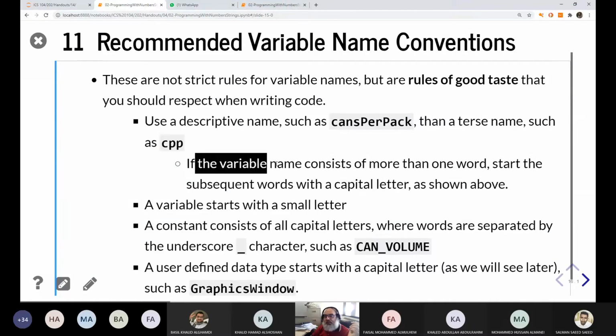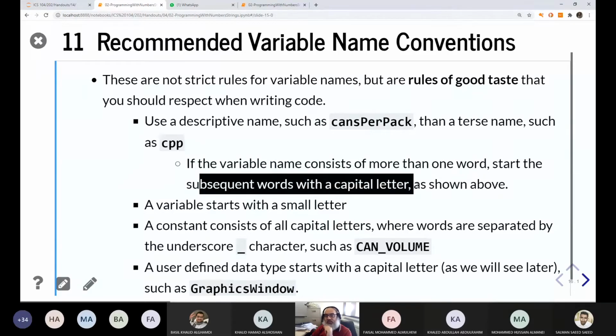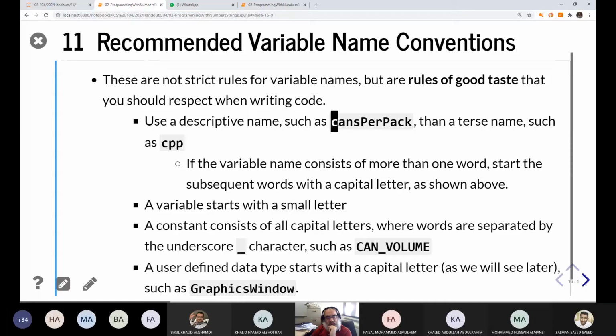If the variable name consists of more than one word, start the subsequent words with a capital letter. We started cans with a small letter because this is the first word, but since these are subsequent words, it's good to start them with a capital letter.